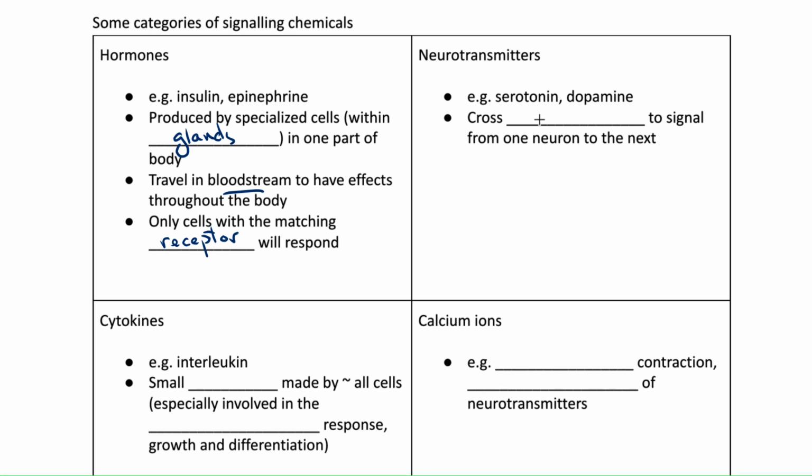These tend to have an effect much closer by. They cross a small gap called a synapse between one neuron and the next and trigger a signal.